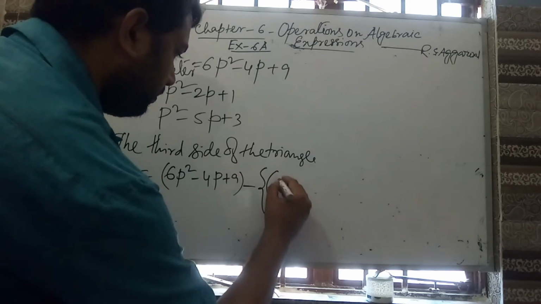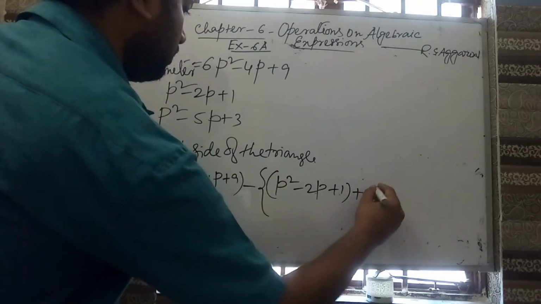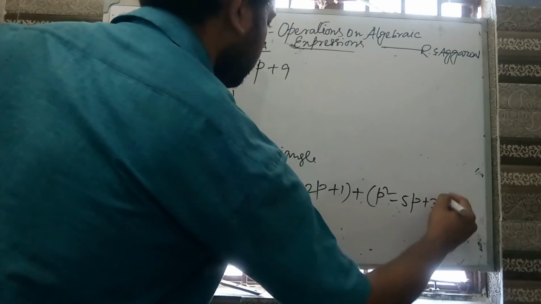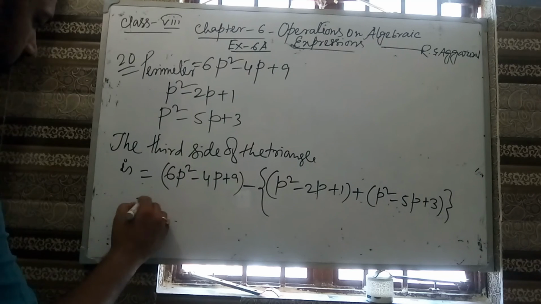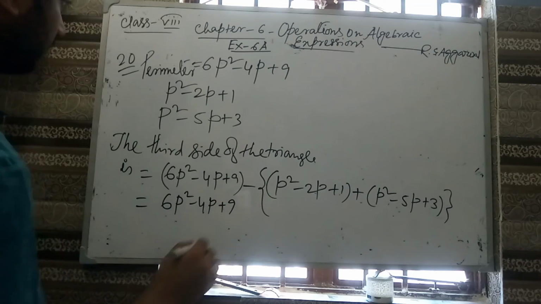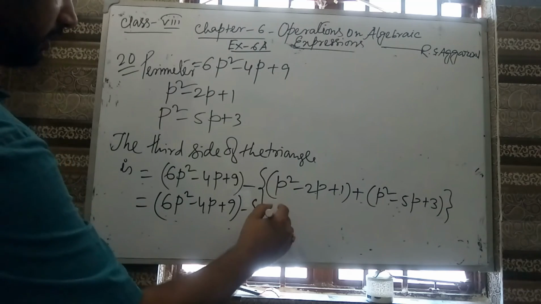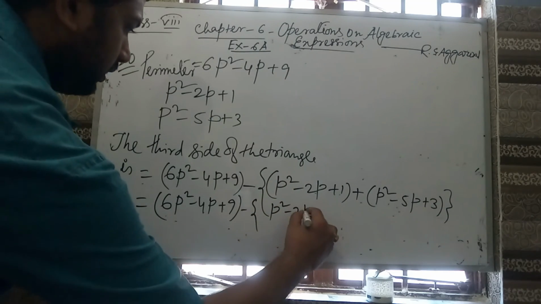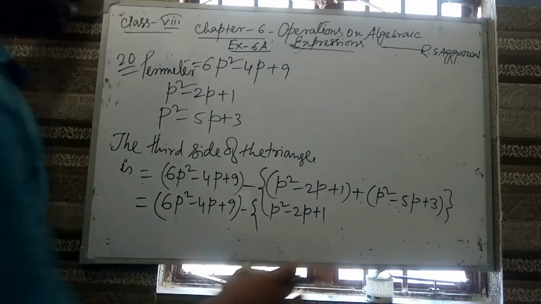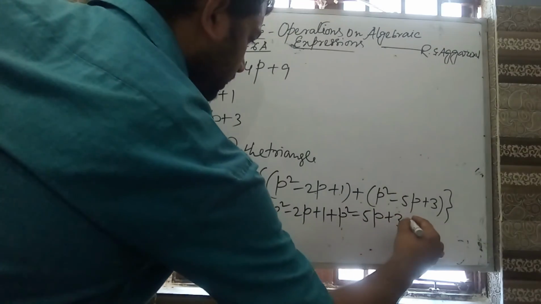First one is p square minus 2p plus 1. Second one is p square minus 5p plus 3. Keep the first term as it is, 6p square minus 4p plus 9, and p square minus 2p plus 1. If we multiply plus with the whole expression, it will remain the same. So plus p square minus 5p plus 3.